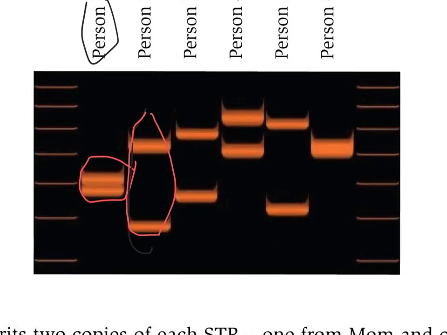So, as I mentioned, if a person has, like we saw before, 8 repeats from one parent, and 4 repeats from another, we'll say this band will be 8, and then this band will be 4. Shorter fragments move more quickly because they weigh less compared to longer fragments.